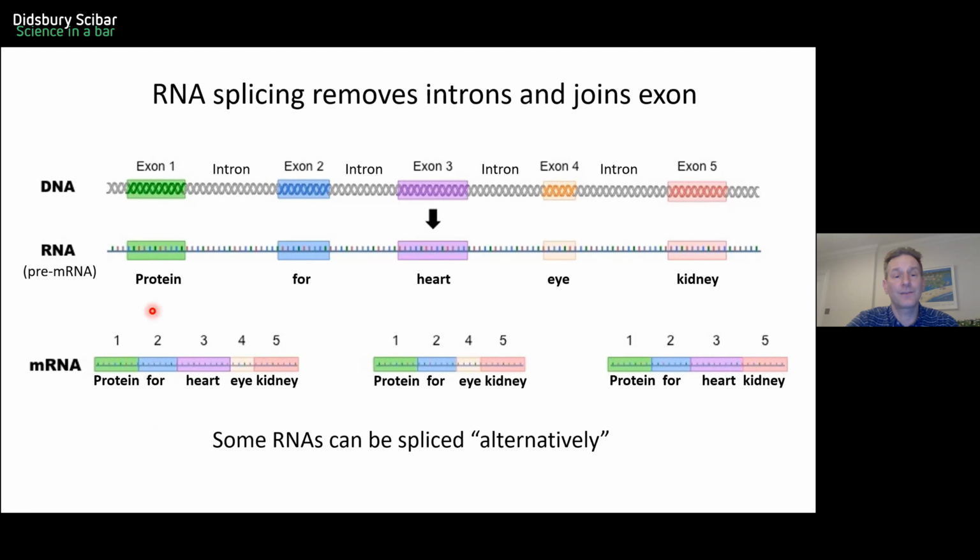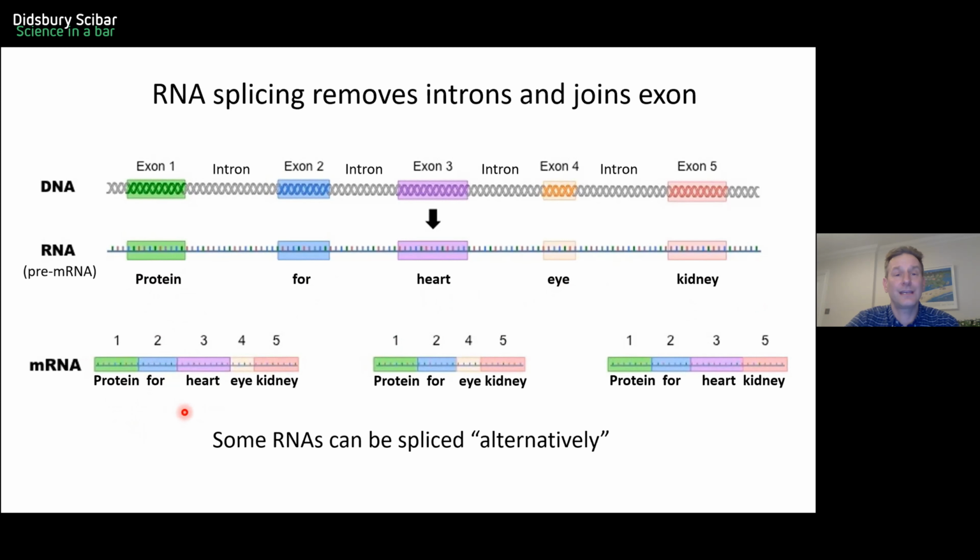Now, what I've done here is I've put underneath each of these exons a bit of information, because that's what the exons are. They are the information to make the proteins within the cell. And I've just put a couple words here that make a bit of sense. So protein for heart, eye, and kidney. So in my imagination here, I'm thinking this protein will be used for the heart, eye, and kidney.